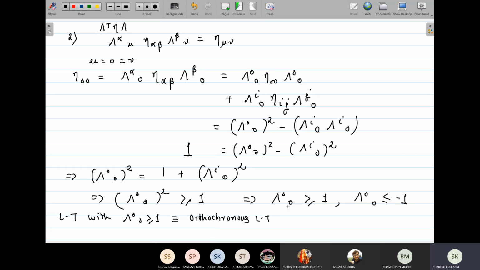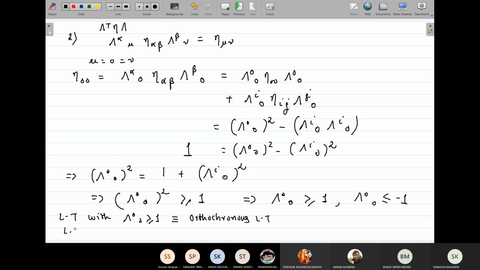They represent the Lorentz transformations which take your time coordinate into the future. So it will give me the future time. If I apply this to t, I will get t prime which is greater than t.